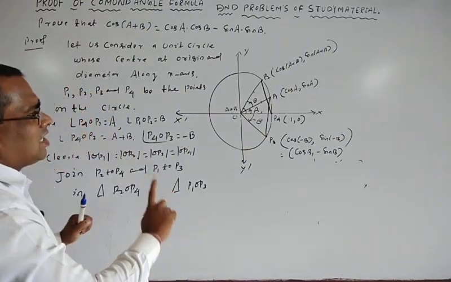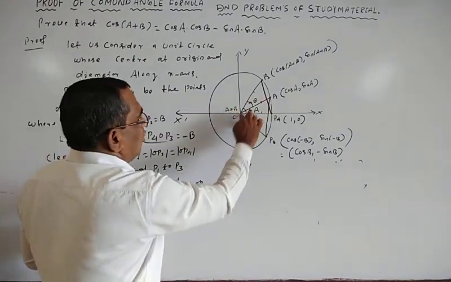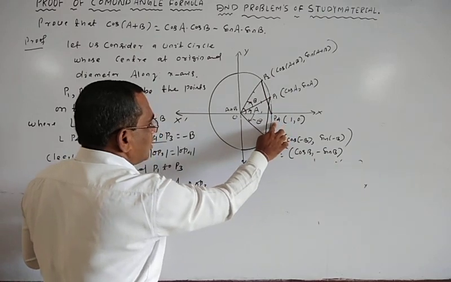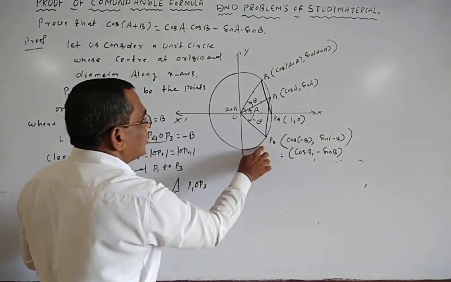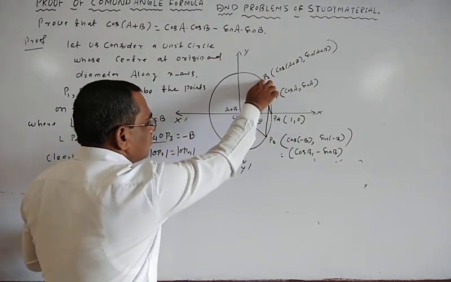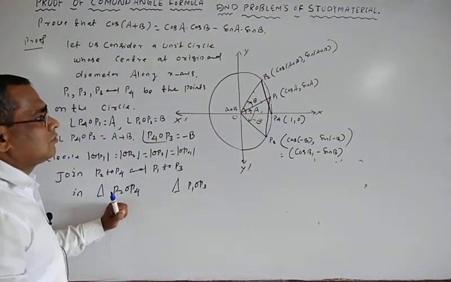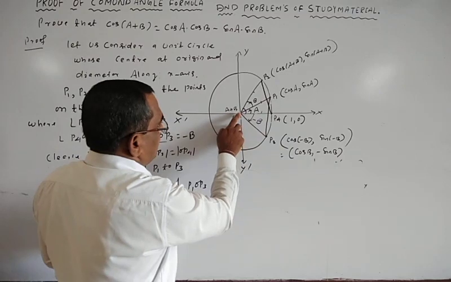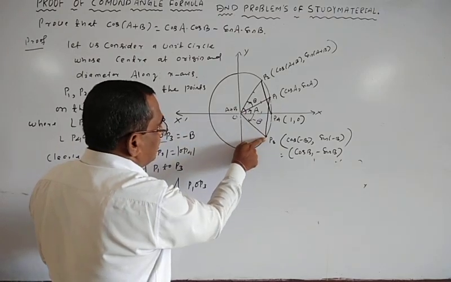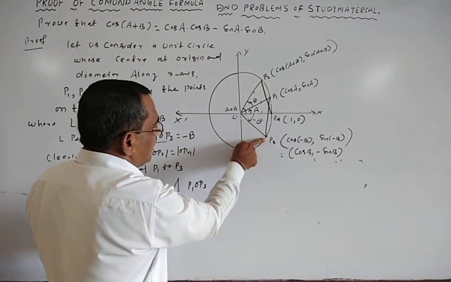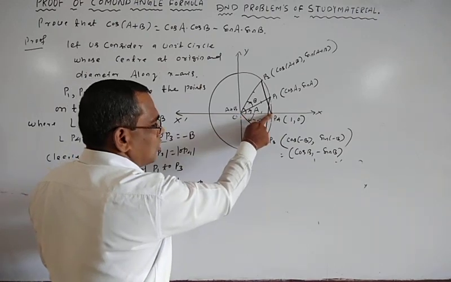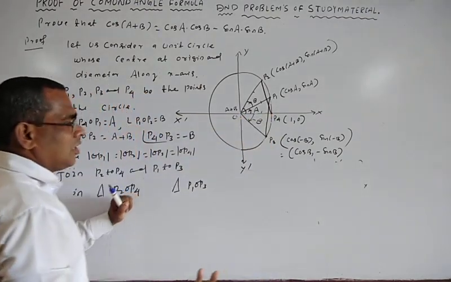So OP2 equals OP1, which is 1 unit, and OP3 and OP4 are also 1 unit.